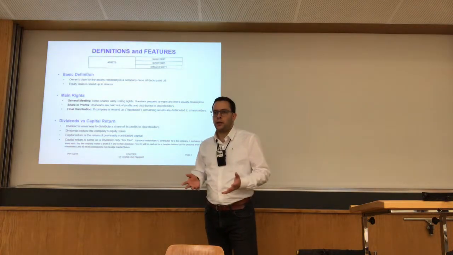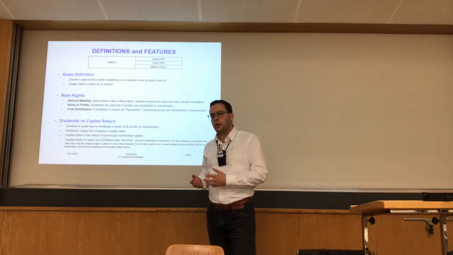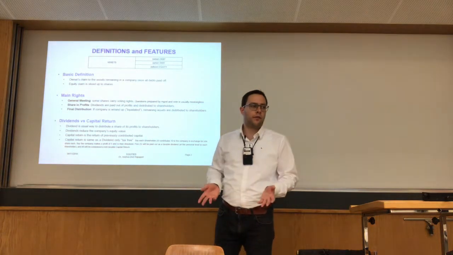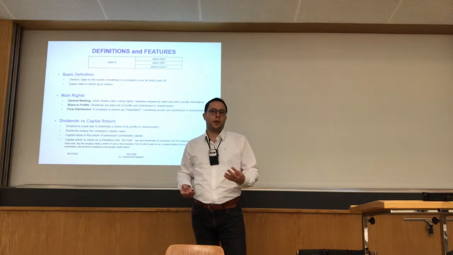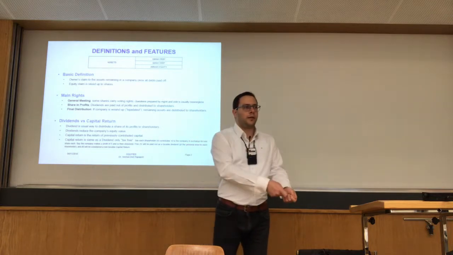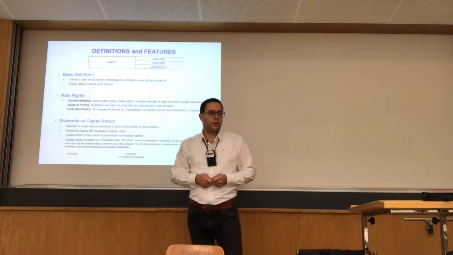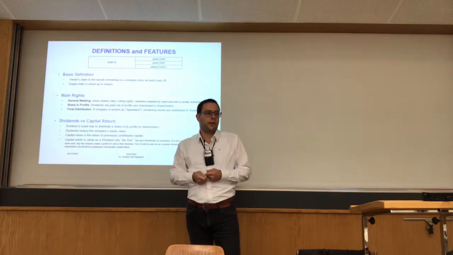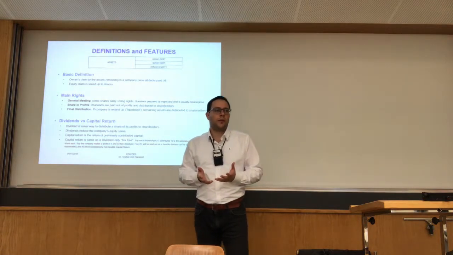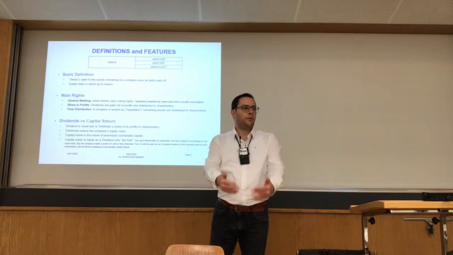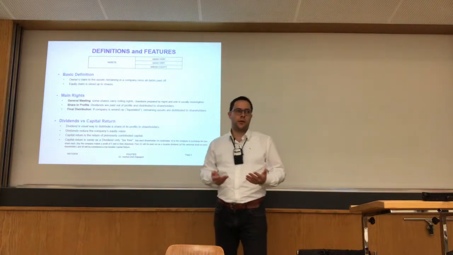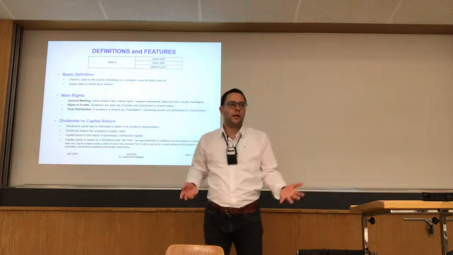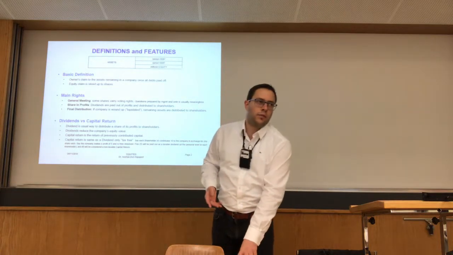Then when we liquidate it, we return 45 to the shareholders. That's 40 plus 5. Now the 40 is tax-free because it's just like when you make a deposit into a bank account and then withdraw it. When you withdraw it, you don't have to pay tax on it. That's the concept of a capital return. It's the money you've put in, and when you take it out, you don't need to pay tax on that as if it's a profit. But the 5 is a dividend, which is taxable.